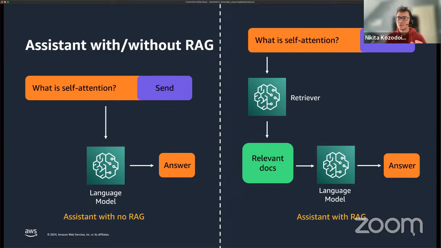I think it's easy to think of this as an open book and closed book exam, right? If you do it with no RAG, it's like coming to an exam and just trying to answer based on your memory. But if you skipped a couple of lectures, maybe you don't know what the question is asking for. So you will try to come up with something, but that may not be accurate. And in the open book exam, you have a textbook, right?